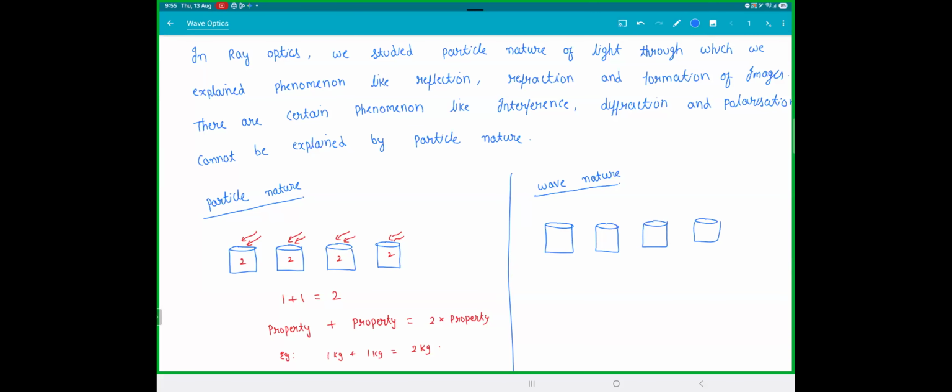If you send a wave and you send a wave, sometimes you'll see 0, sometimes you'll see 4. You can see anywhere between 0 to 4. So in a wave nature, 1 plus 1 is between 4 and 0. Again, remember, it is not a number, it is a property plus a property. It can be anywhere between 4 times the property and 0.